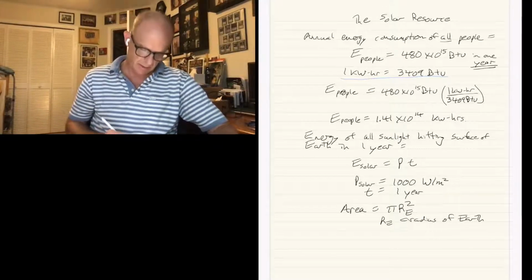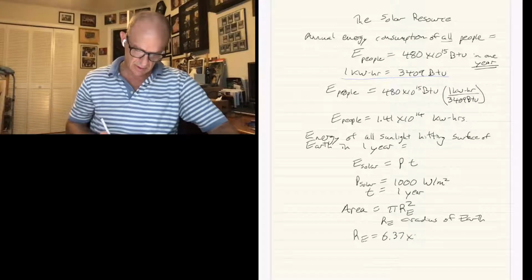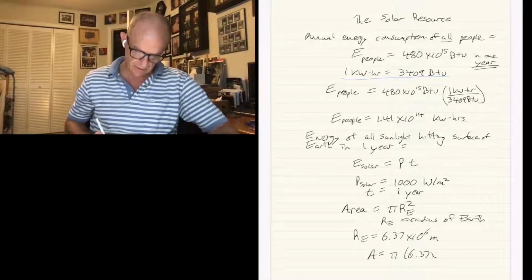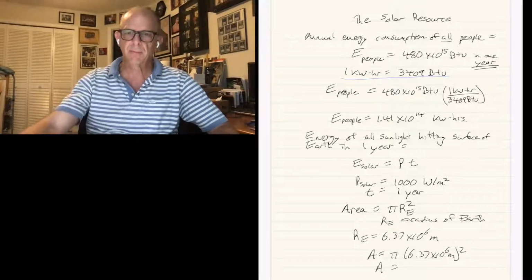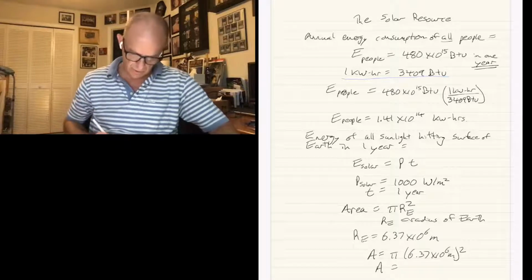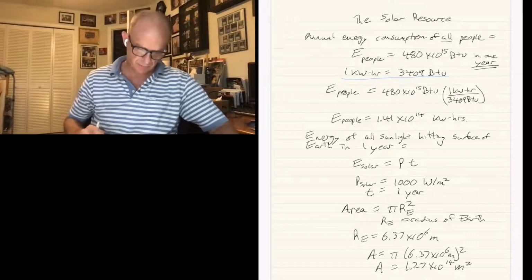We get that R sub E is 6.37 times 10 to the 6 meters. So that gives me an area of pi times 6.37 times 10 to the 6 meters squared, or an area of 1.27 times 10 to the 14 square meters.